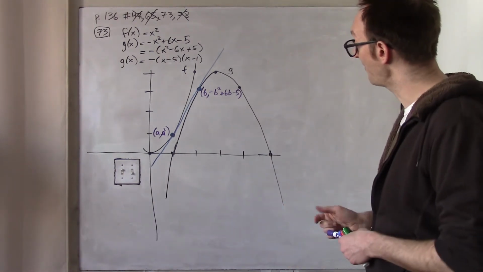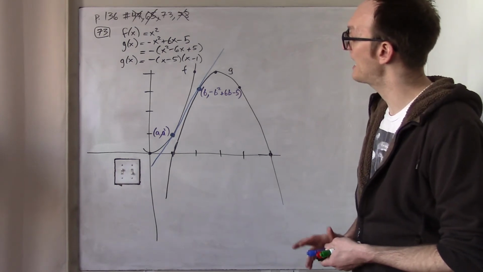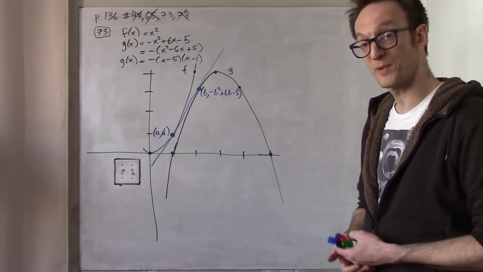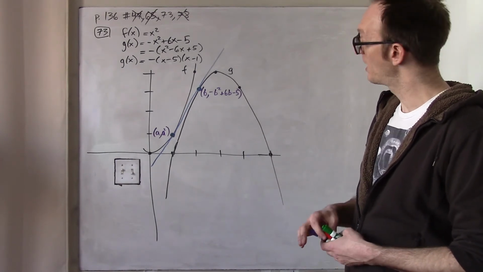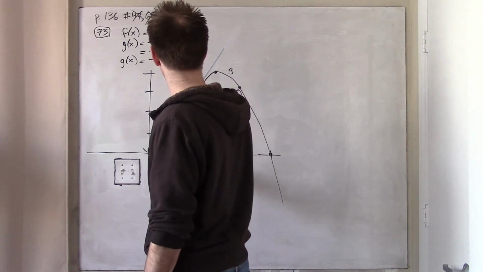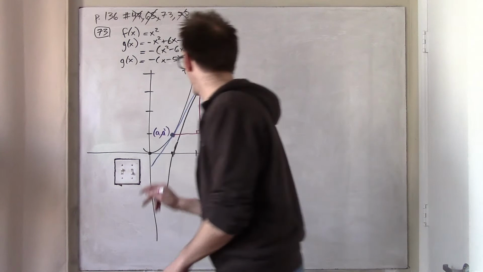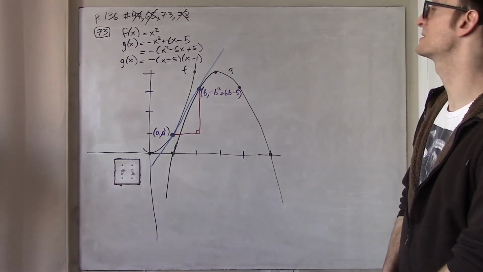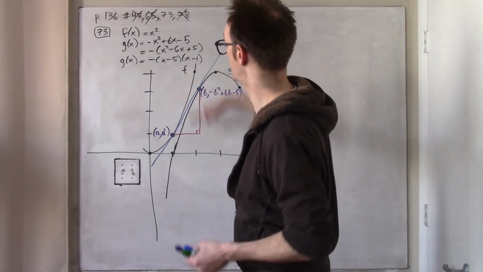Having done that, I now claim that I can find the slope of the tangent line to this curve in three different ways. One way is by just computing the change in y over change in x for the two points that I have on this blue line. So what is the change in y?